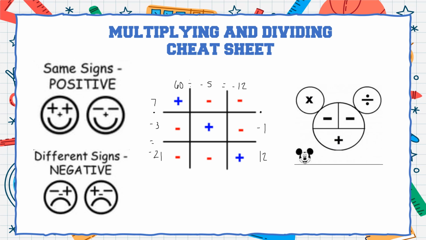So as long as you do positives down the middle and fill in the rest with negatives, that tells you what your answer will be, as well as the Mickey Mouse ears, where you can say a negative and a negative will equal a positive. A positive and a negative will equal a negative. And the Mickey Mouse ears remind you this is for multiplying and dividing rules.